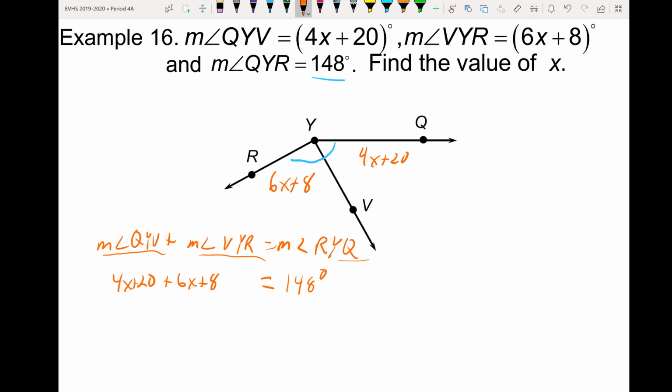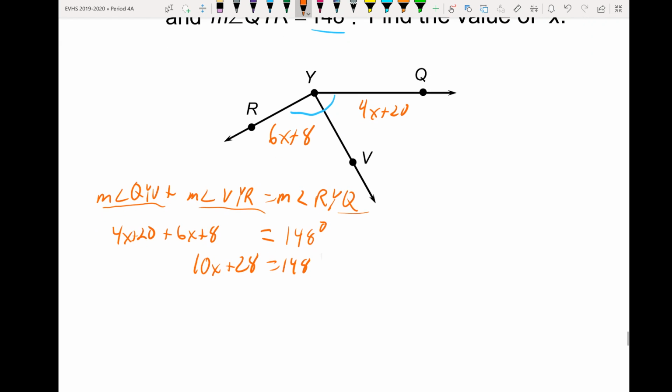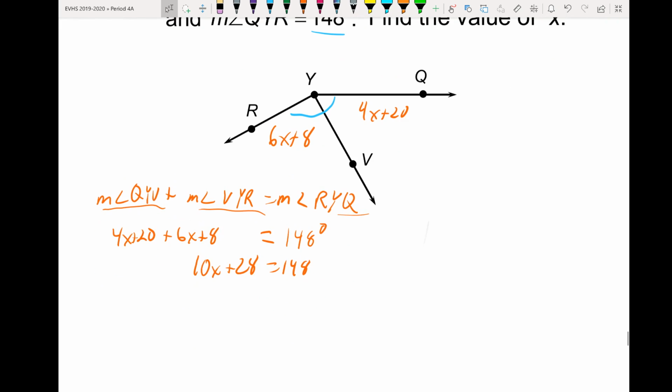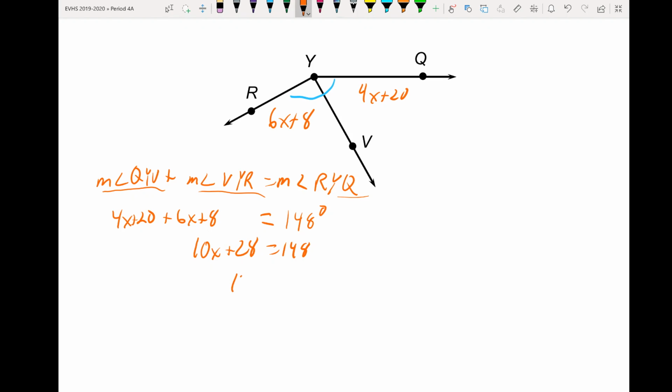Situations like this are why writing down the entire equation is beneficial to you, so you can start seeing improper substitutions easier. Now 4x plus 6x, combining like terms, gives me 10x plus 28 equals 148. Subtract the 28 gives me 10x equals 120. So x equals 12.